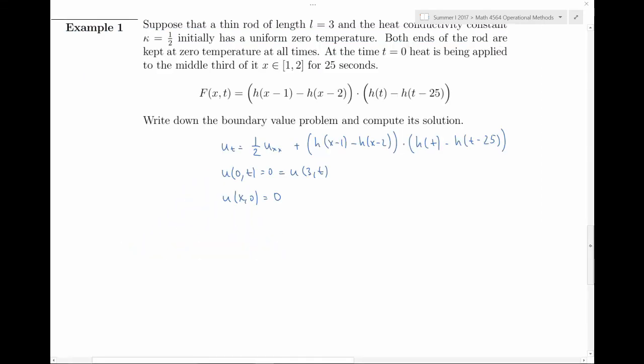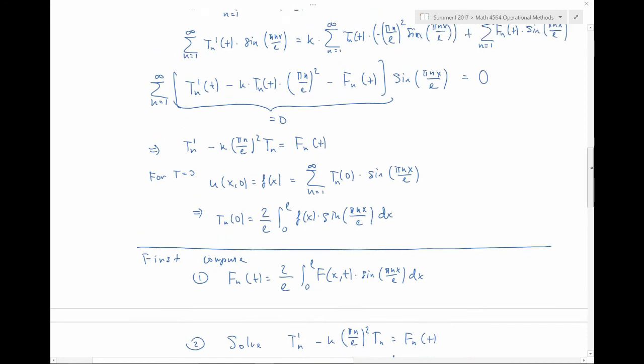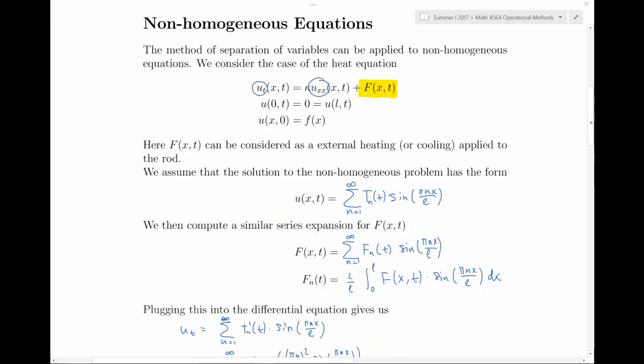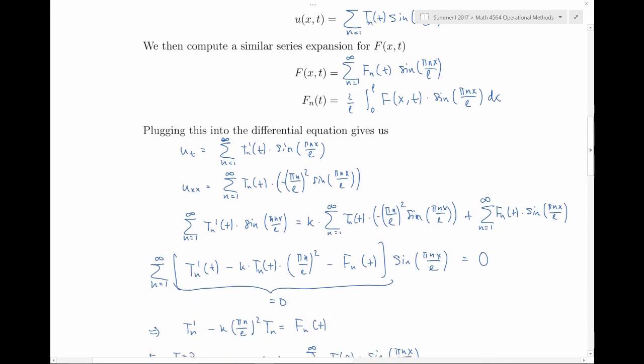We can apply this method to the wave equation with very little changes. The only thing that will change is the differential equation right here. Instead of having the first derivative in terms of time, the wave equation requires the second derivative on this side of the equation. And so the term T prime will only change to T double prime.